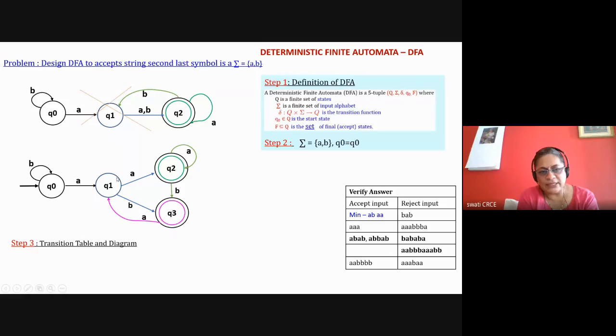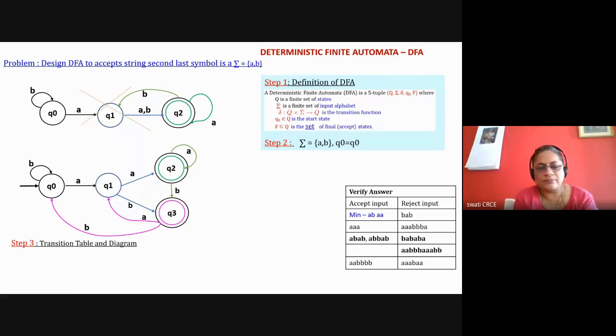If after that there is any A, it will go to Q2, or if there is any B, it will go to Q3. So it will go back. And with B, it is going back because after this B it needs to have A, and with one more symbol, it will go to the final state.